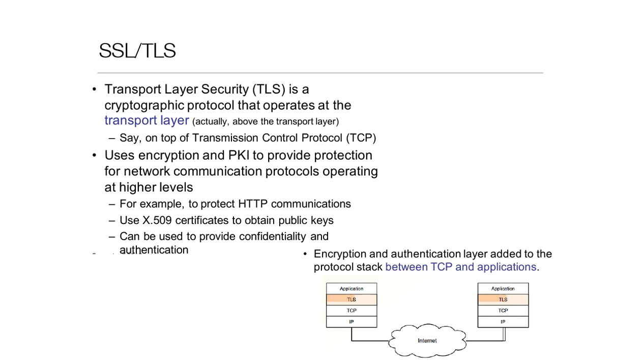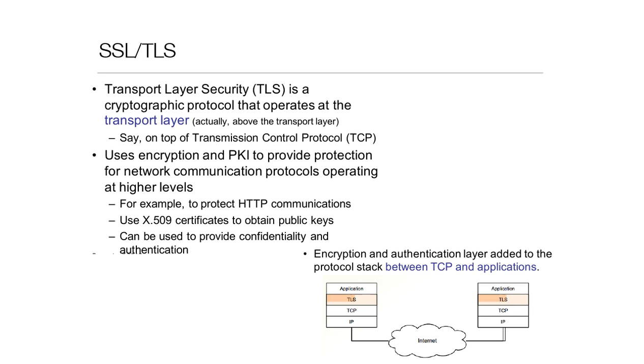You can search about the X.509 standard, the public key and certificate standard. I'm not going to talk about details of that, but I'm going to show you some information and how the certificate is organized. And this can be used to provide confidentiality and authentication.